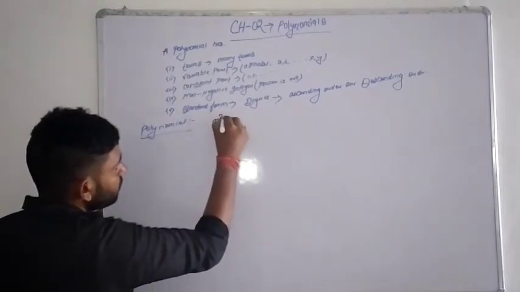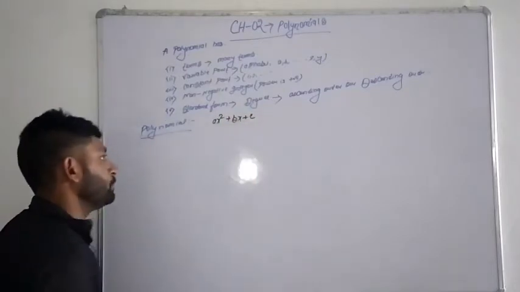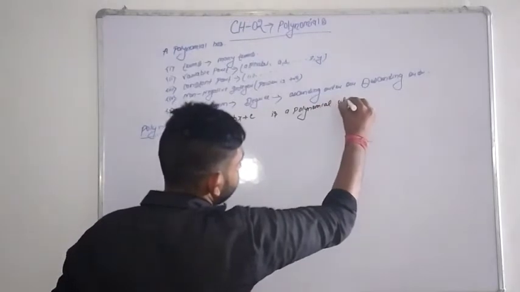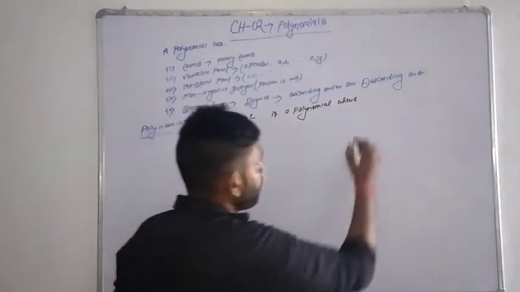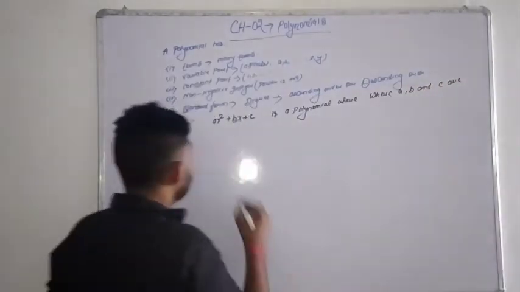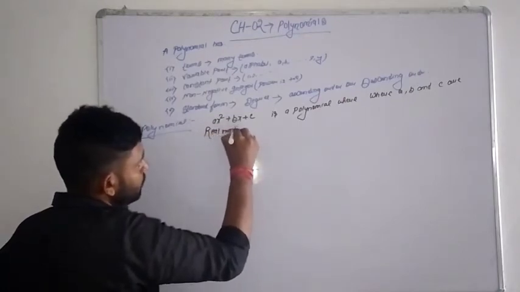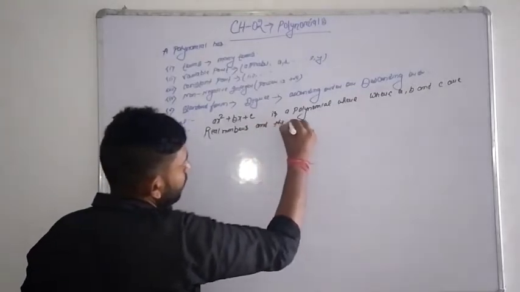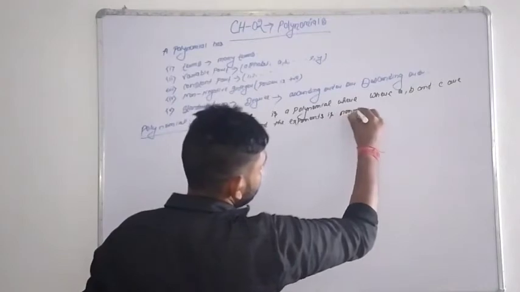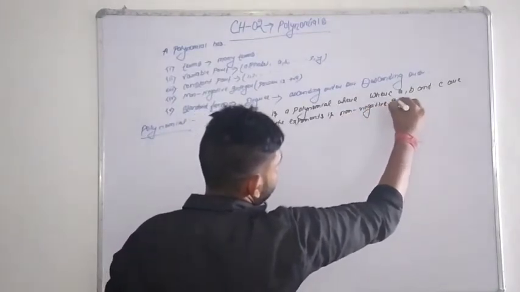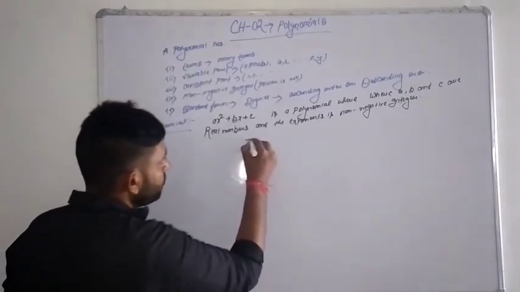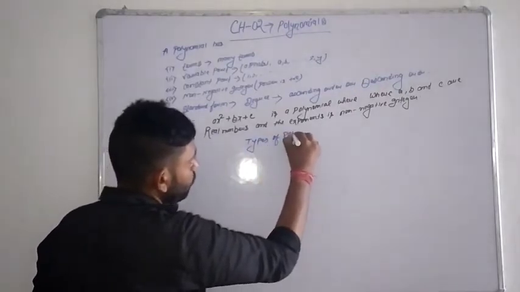What is a polynomial? a x square plus b x plus c is a polynomial, where a, b and c are real numbers, and the exponent is a non-negative integer, that is, always positive. Now, types of polynomial.